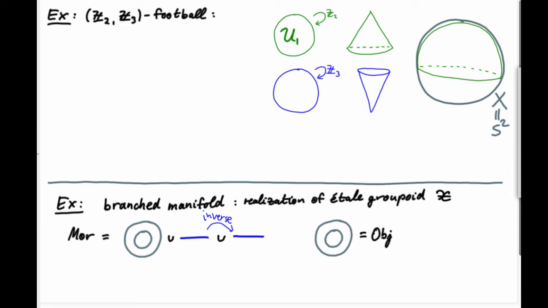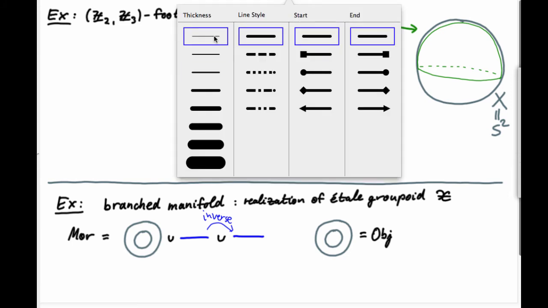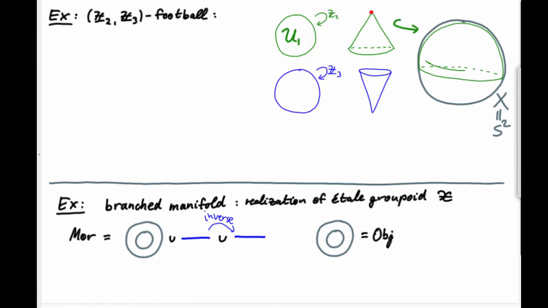That looks like a cone with a bit of a singularity there. I'm going to embed that into a little bit more than the upper hemisphere, so that has a Z2 singularity up here.